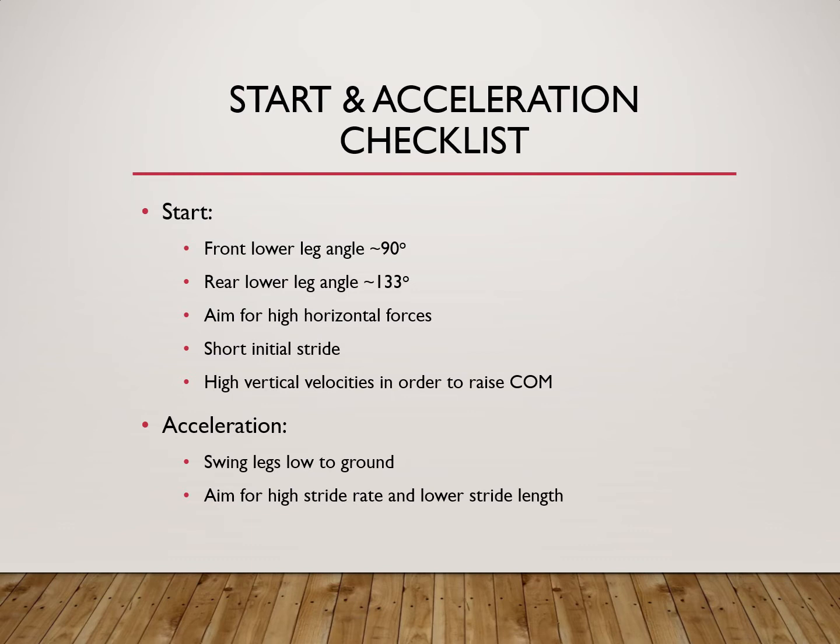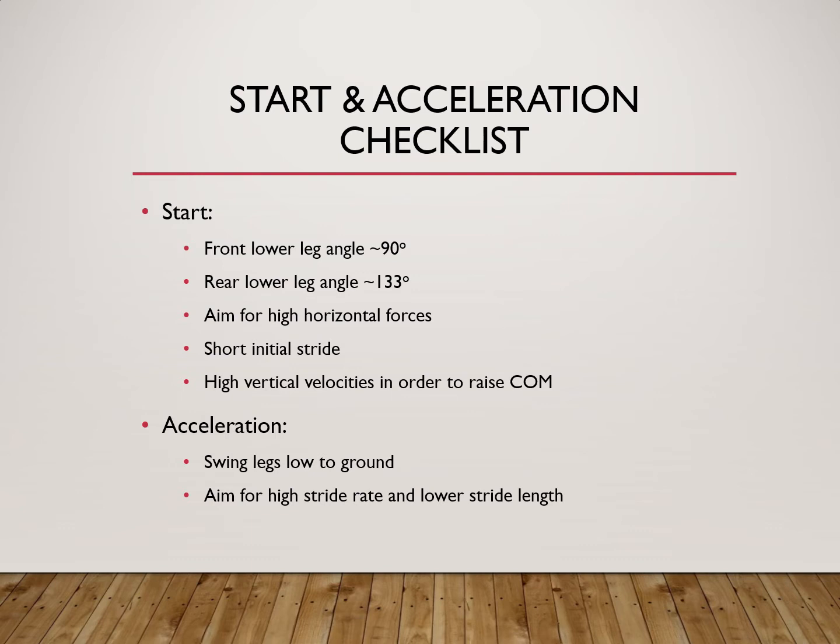As we begin to accelerate, you also want to make sure that the swing legs are relatively low to the ground, so there's no excessive distance covered. The aim at this point is for a higher stride rate and a lower stride length.